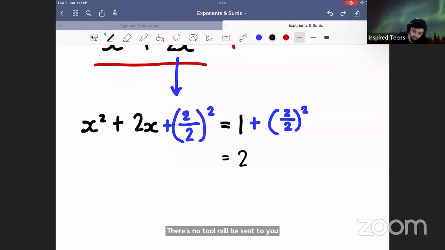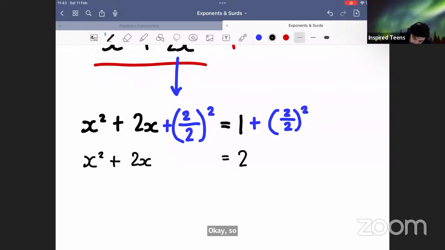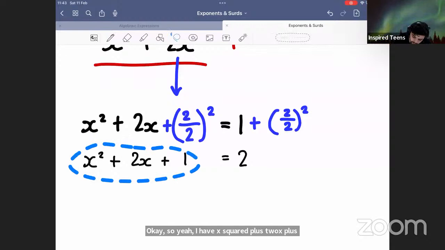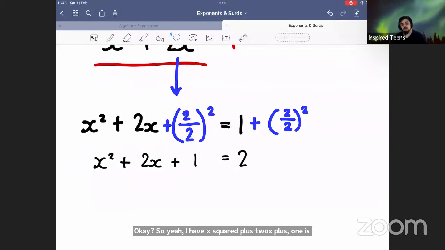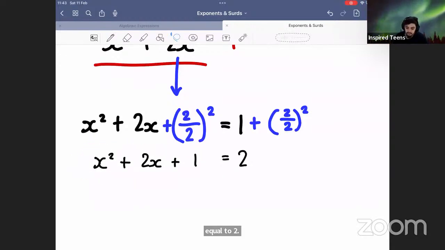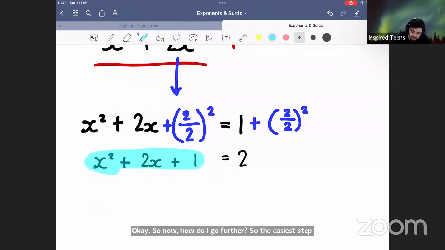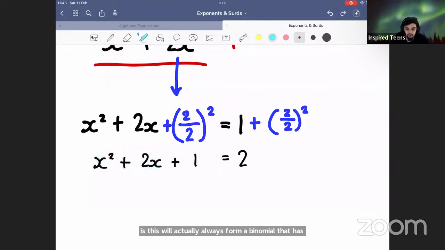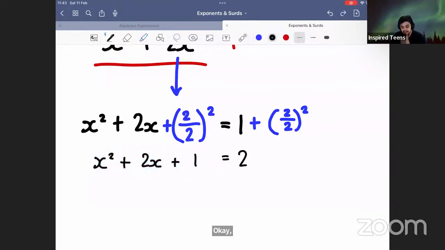So I have x squared plus 2x plus 1 is equal to 2. Now how do I go further? The easiest step is this will actually always form a binomial that has been squared, so essentially their factors are the same.